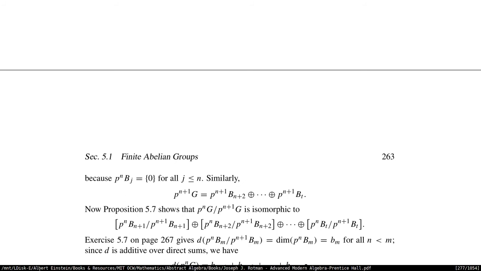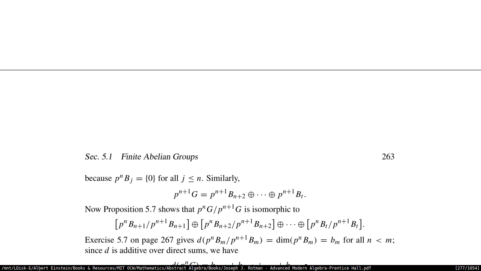Now proposition 5.7, which was, I don't remember exactly, but I believe it was about this quotient space being isomorphic to the direct sum, taken mod separately.